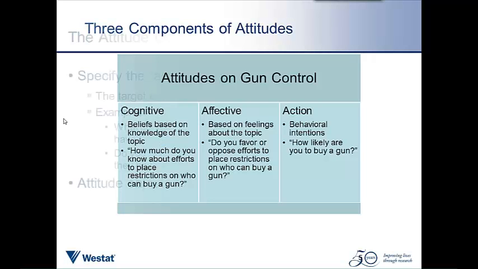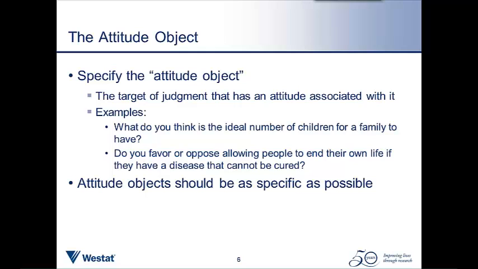So when we're writing attitudinal questions, the first thing we think about is what is the attitude object? What is the thing that we are trying to collect attitudes about? And sometimes that's easier said than done to define what your attitude object is. So here's some straightforward examples.